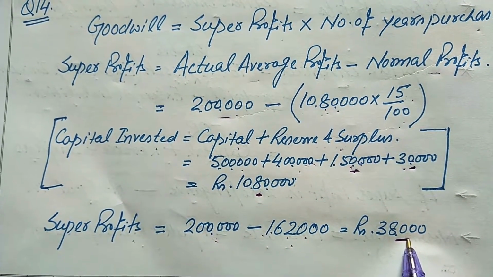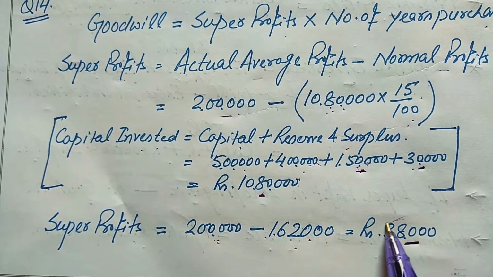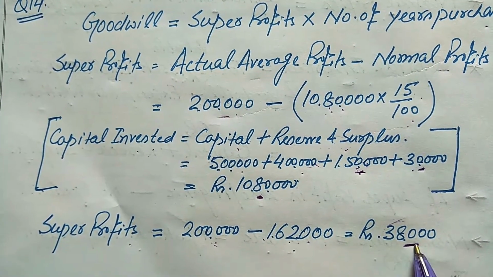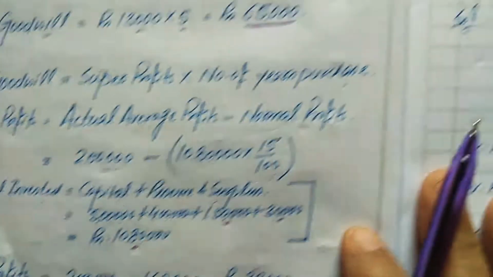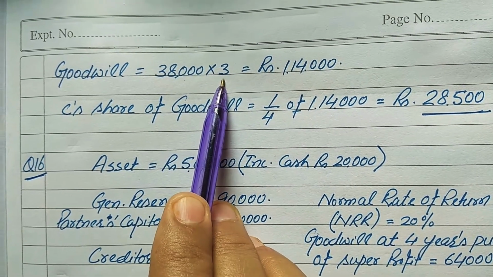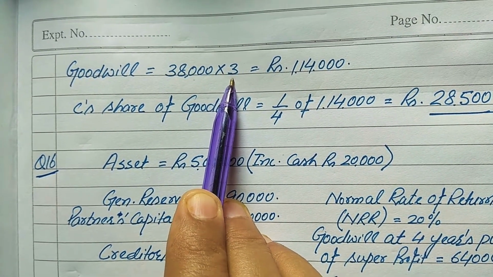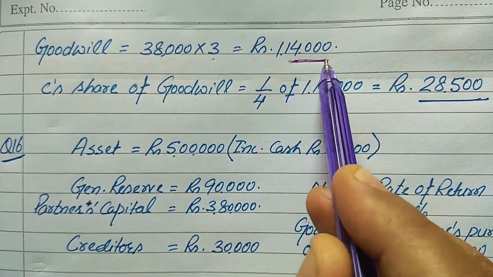Now to find the value of goodwill, this super profit will be multiplied by the given number of years' purchase, and in this question the number of years' purchase is given as 3. That's why goodwill is equal to super profit multiplied by 3 years' purchase. The value of goodwill of the firm is 1,14,000.